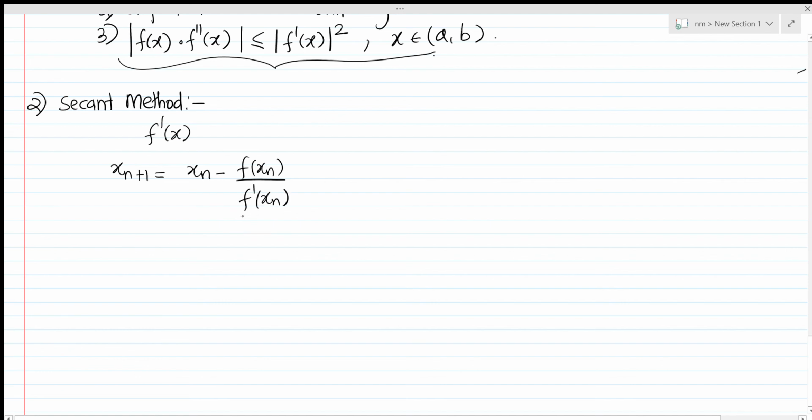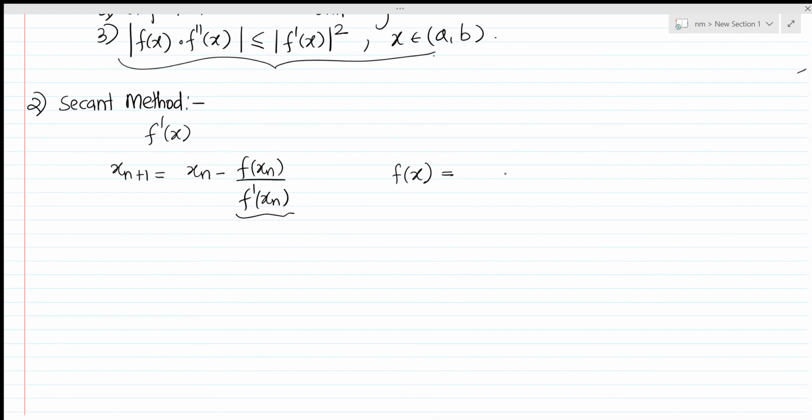Sometimes this f of x may be a very complex function, non-linear, with sines, cosines, or very odd functions, so the differentiation of that function is very difficult.